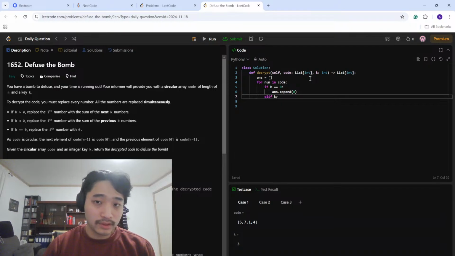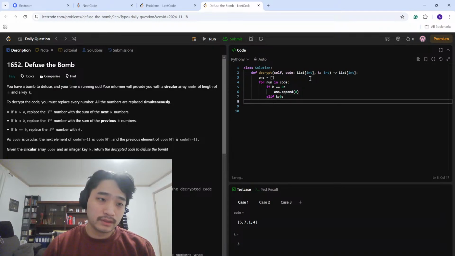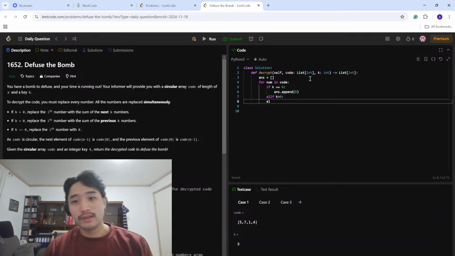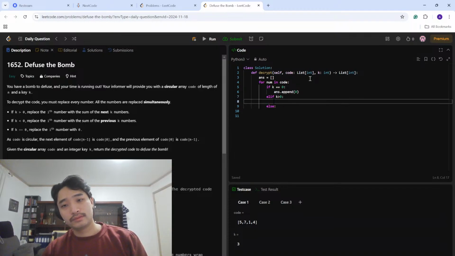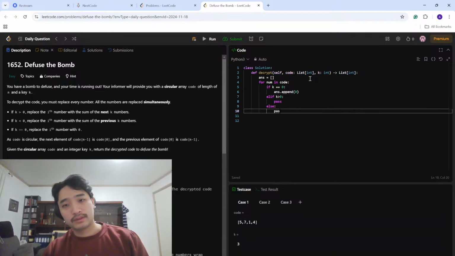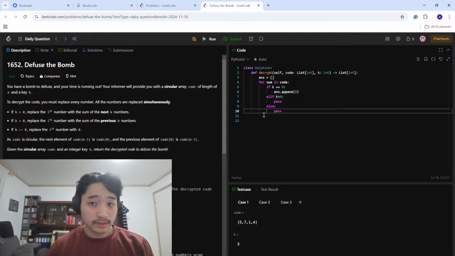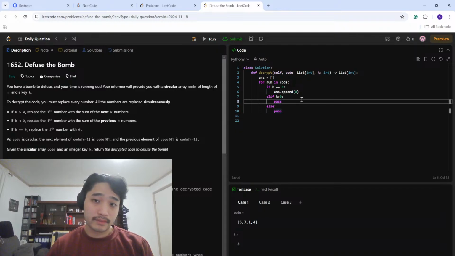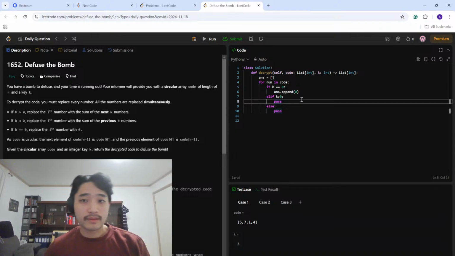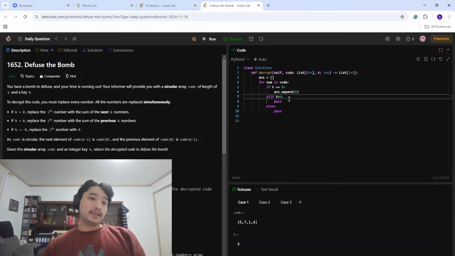K is larger than 0. And else we have this too. It's bigger than k, so it's next. Like, the easiest way.